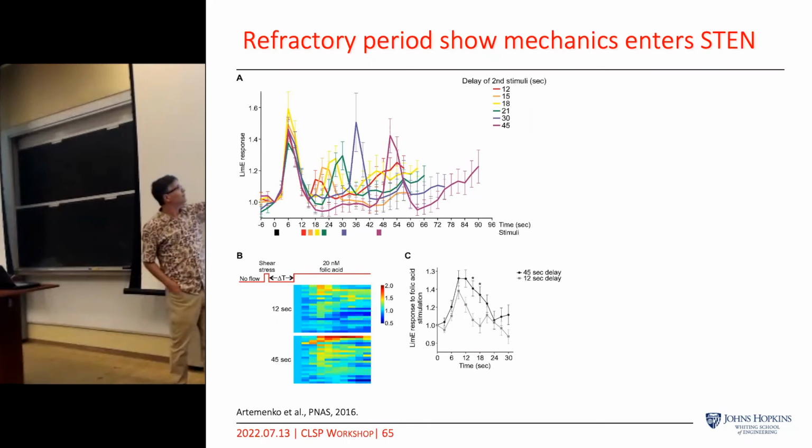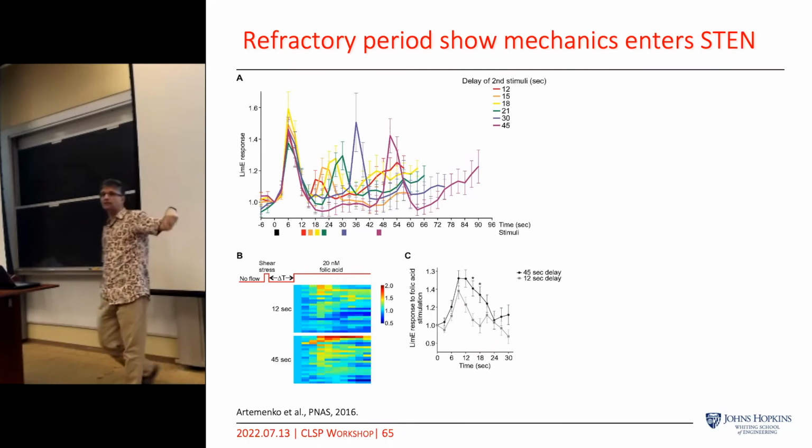And what happens is that we get the same sort of refractory period: if you stimulate it mechanically, it takes a while before the chemical system can stimulate it. What that shows you is that these two are going into the same excitable network.